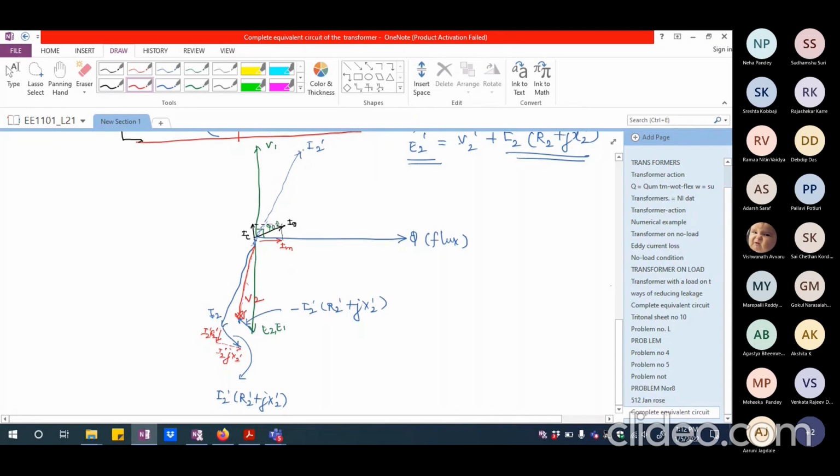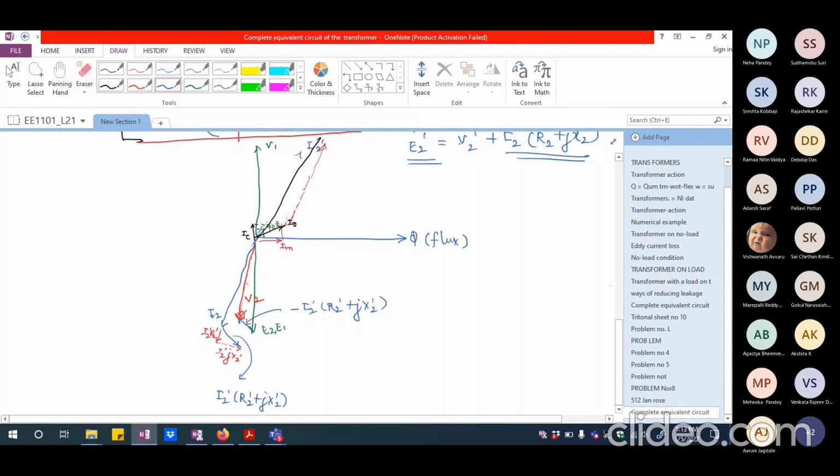Okay. Now I have got this I2 dash. I have got this I0. Let me add I0 to I2 dash. So I have to draw an I2 dash which is parallel like this. When I add these two, that is I0 plus I2 dash put together, what I get is actually my I1.